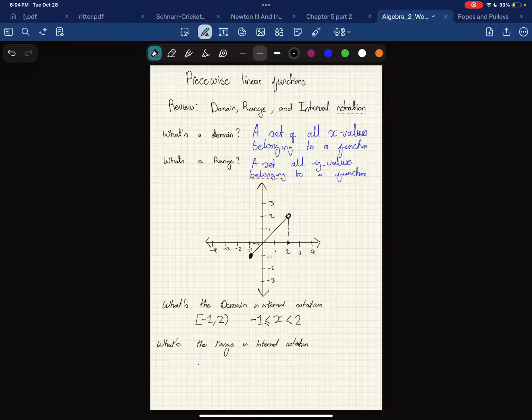I'm describing the region as to where my x values will be. It's my domain. My range is also the same as my domain. My lowest point is -1, my highest point is 2, and I'm excluding 2. So my domain is pretty much the same interval as my range.